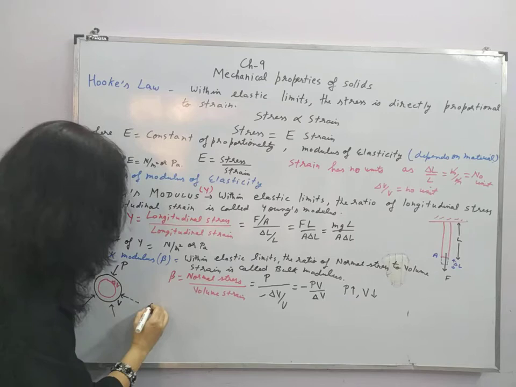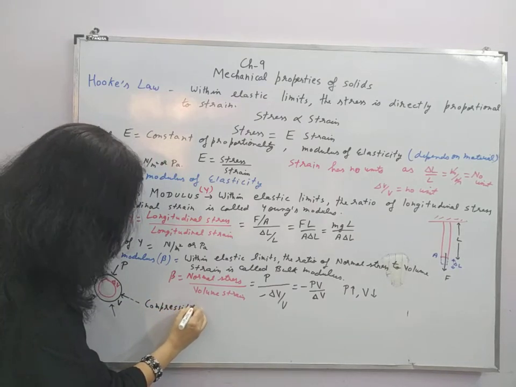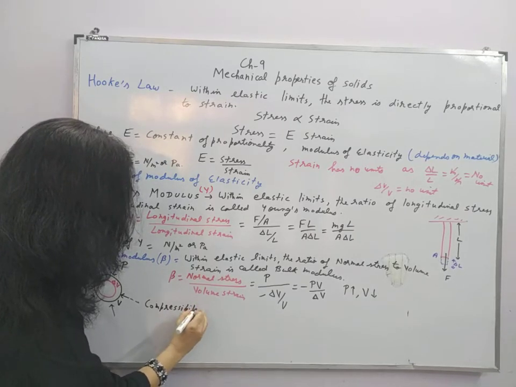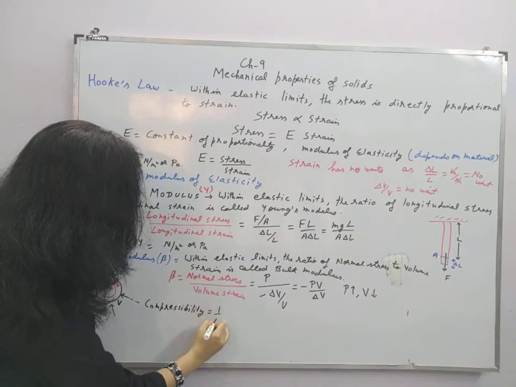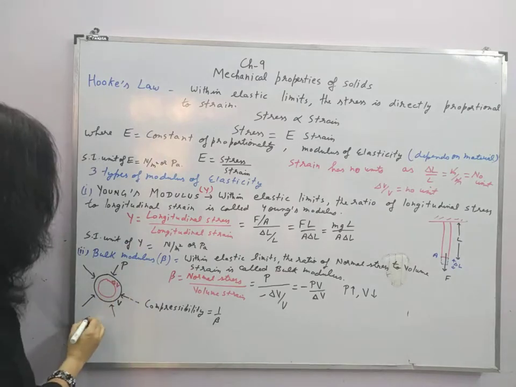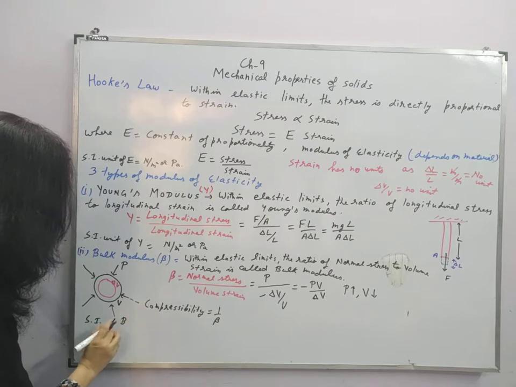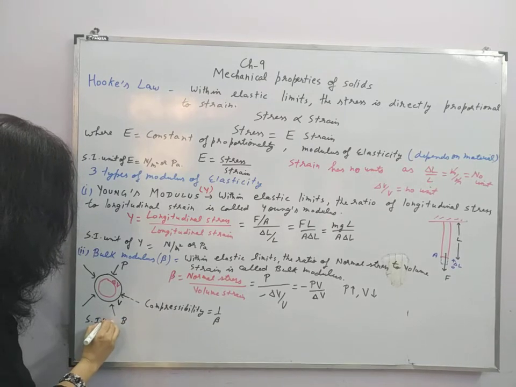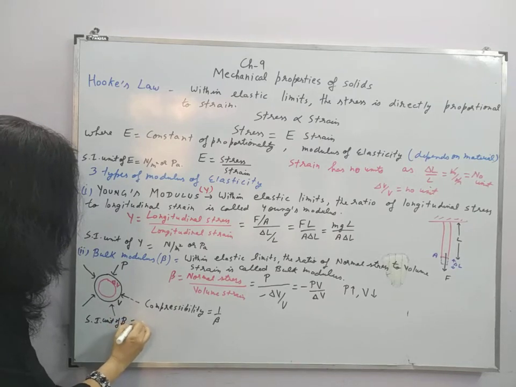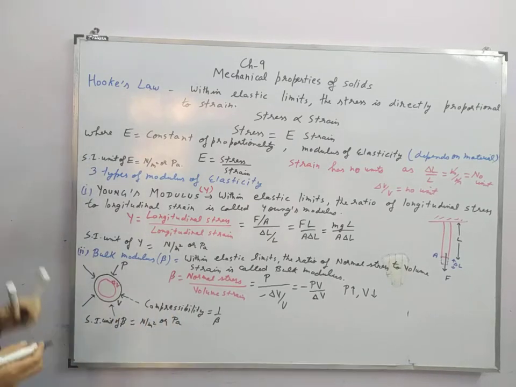We have one more term which is related to bulk modulus, compressibility. This is equal to the reciprocal of bulk modulus, and SI unit of bulk modulus is again Newton per meter square or Pascal.